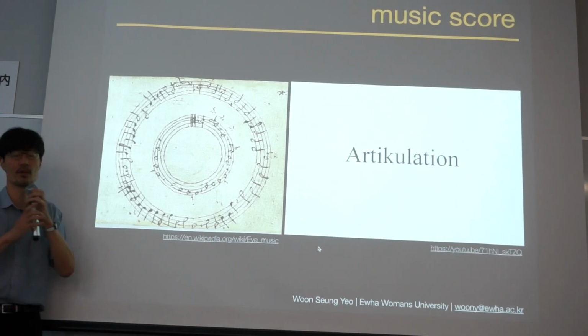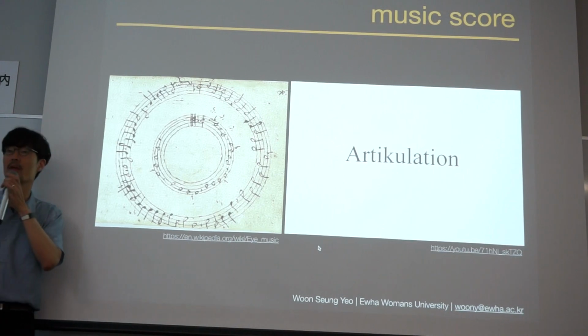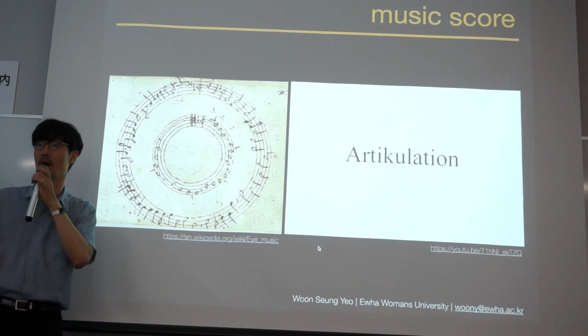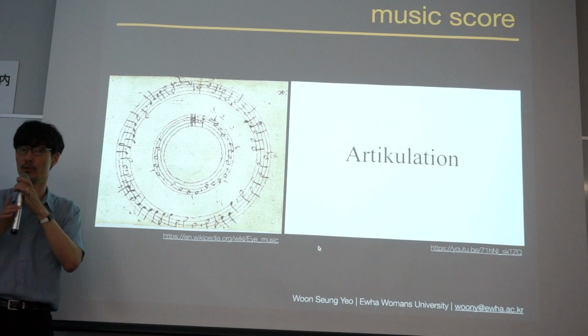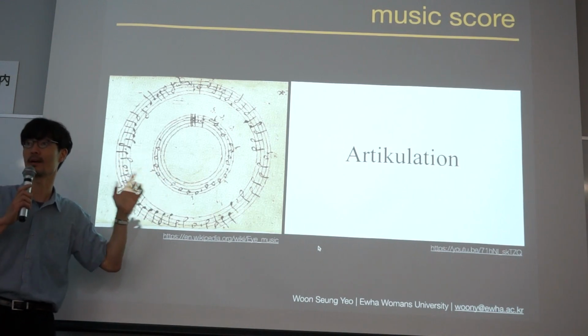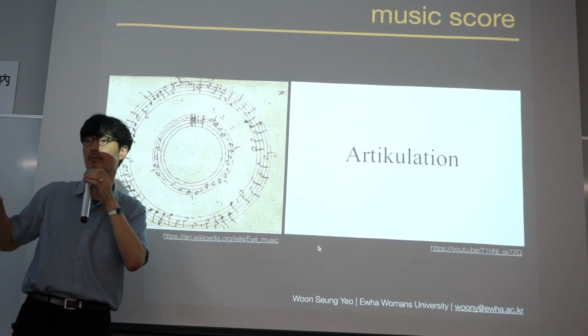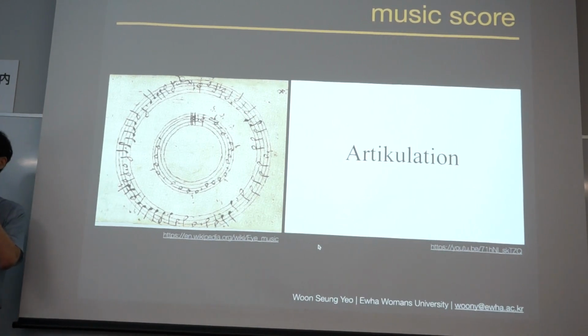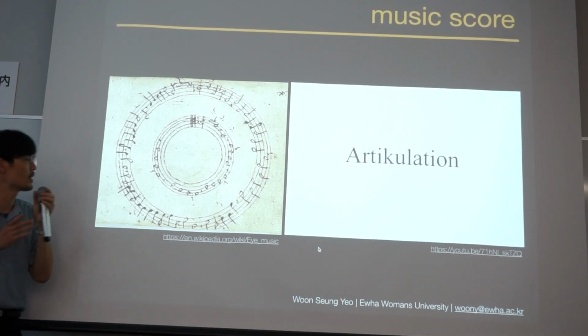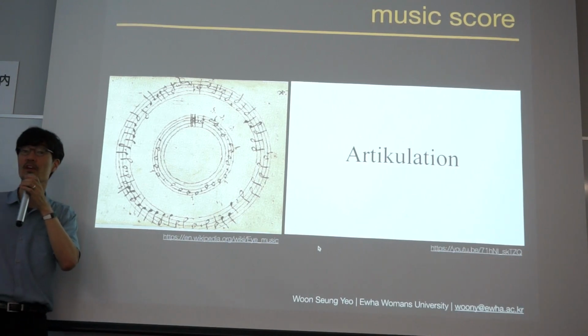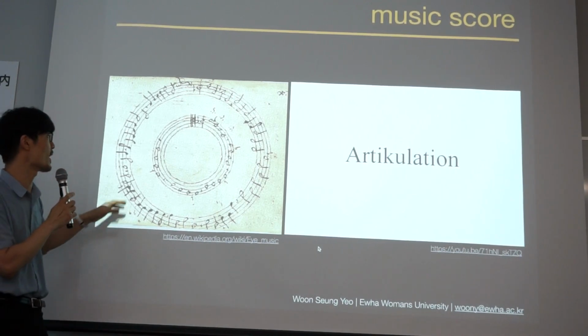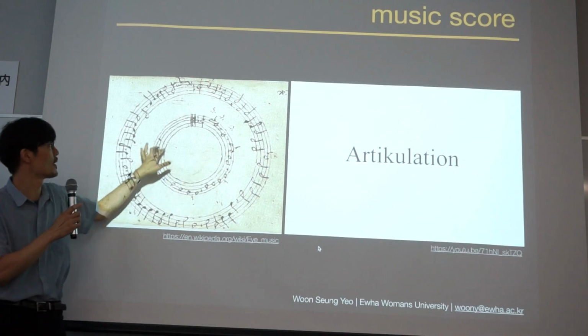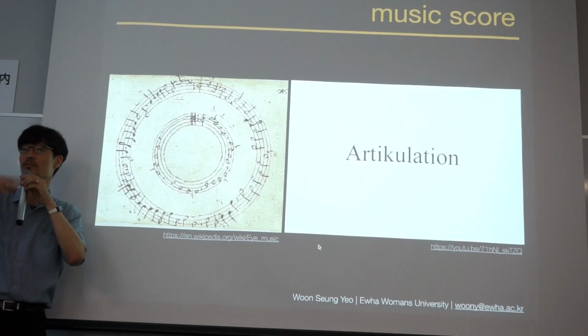And of course, speaking of visualizing music, I think the ultimate example of music visualization would be the music score, right? So it is the best way to present music visually, right? There are many crazy ideas about visualizing music, and one of them I think is this one, the circular score.